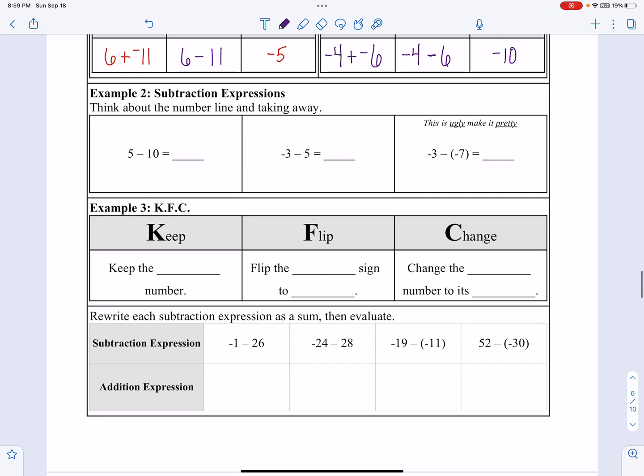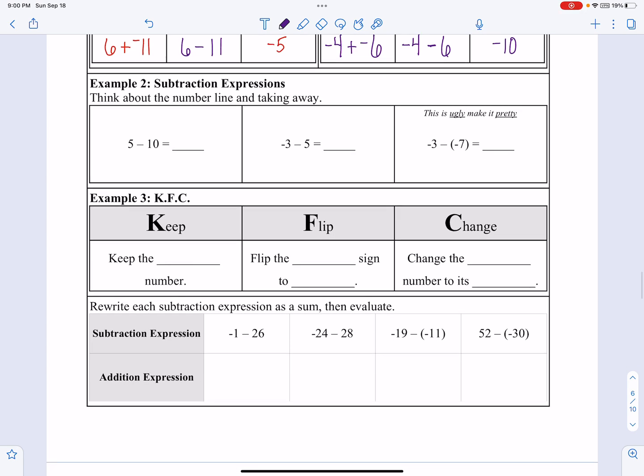Let's go ahead and think about the number line and the concept of taking away. So you don't have to draw the number line every time, but I do want you to try to visualize that a little bit. Okay, so I can see that I'm starting at the positive 5. Okay, so if I'm visualizing the number line, here's my 0.